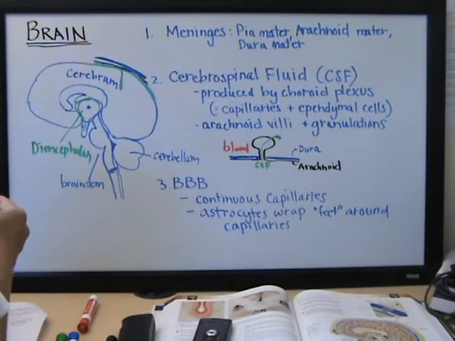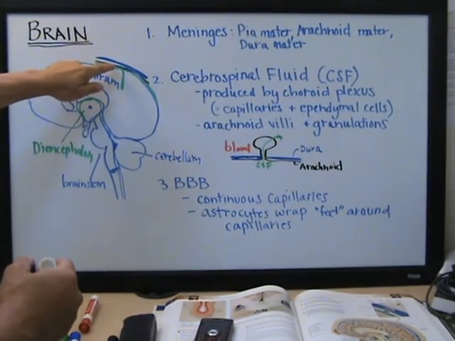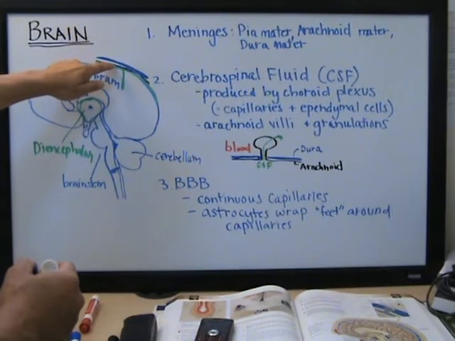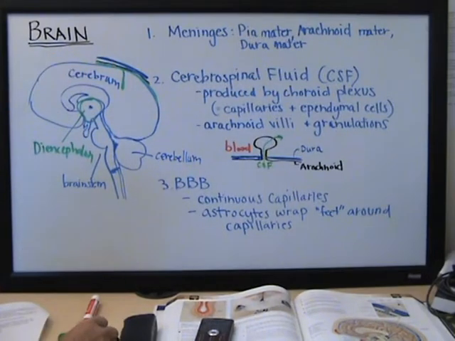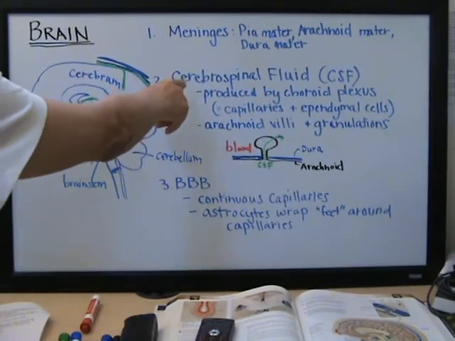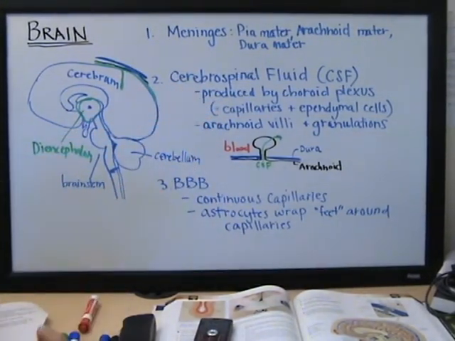Now the cerebral spinal fluid will circulate in what's called the subarachnoid space, which is a space deep to the arachnoid and between the arachnoid and the pia mater. There is a space there filled with CSF when we're living. So that brings us to the cerebral spinal fluid, the CSF, produced by what's called the choroid plexus.